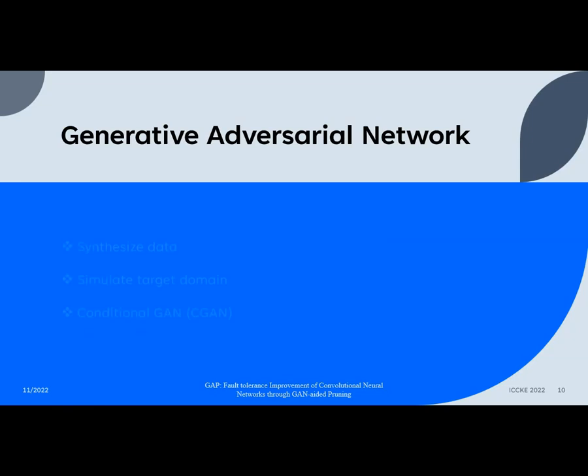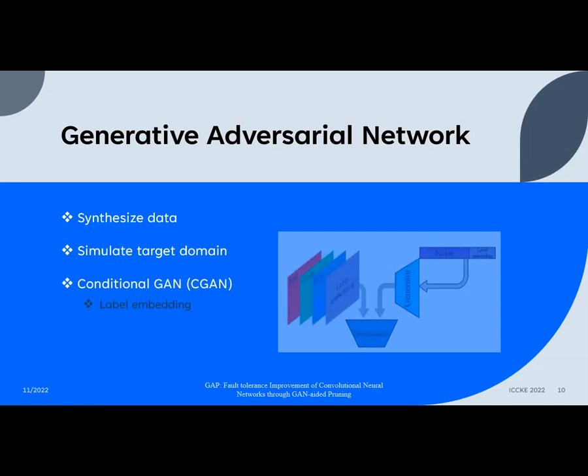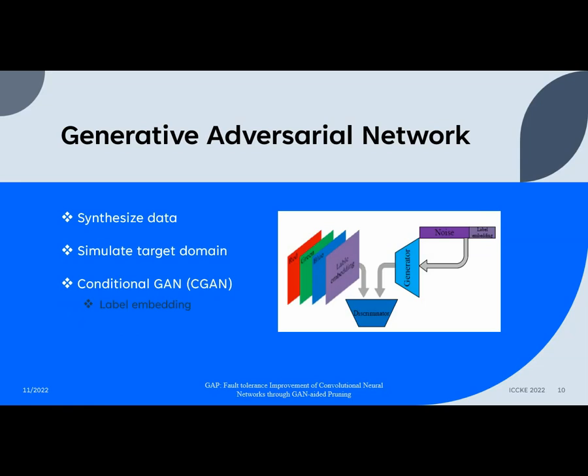To synthesize data, we use a generative adversarial network, or GAN in short, to simulate the target domain, and we use a conditional GAN in order to be able to use the labels of the data in later phases of our experiments.